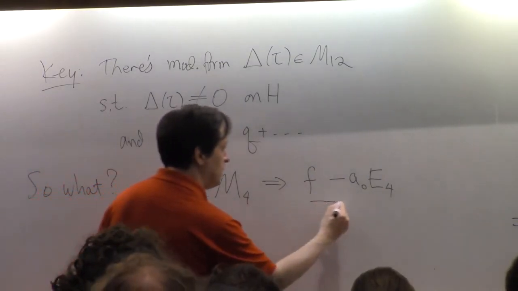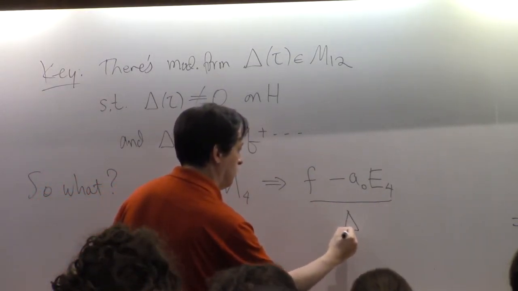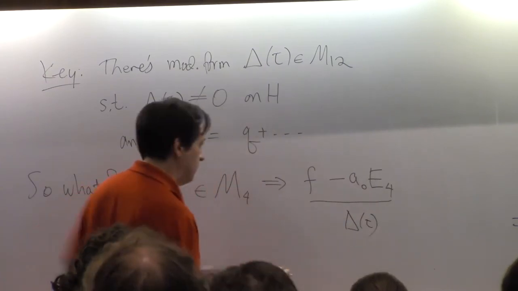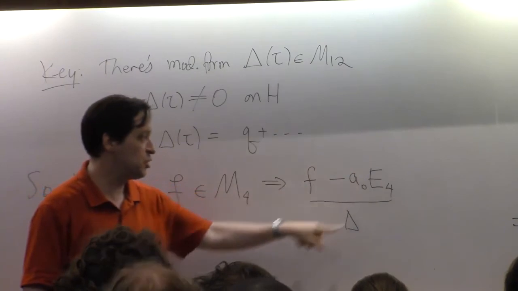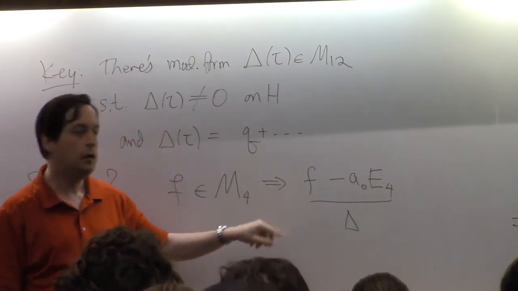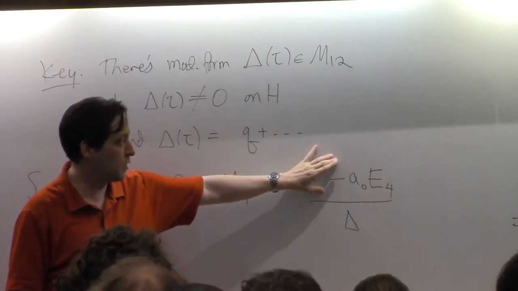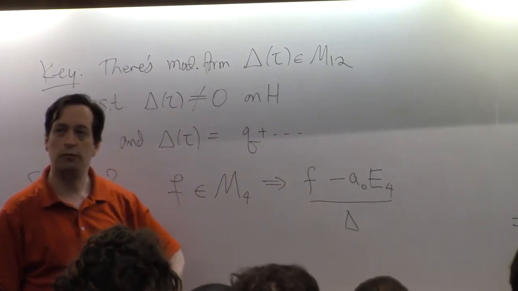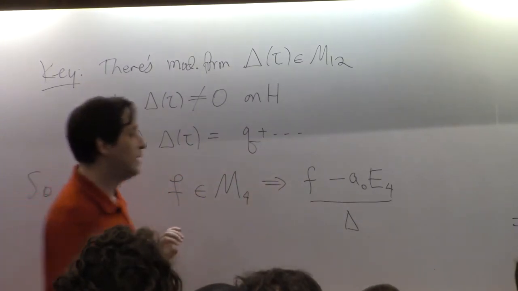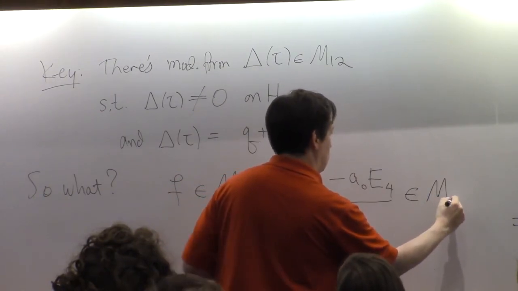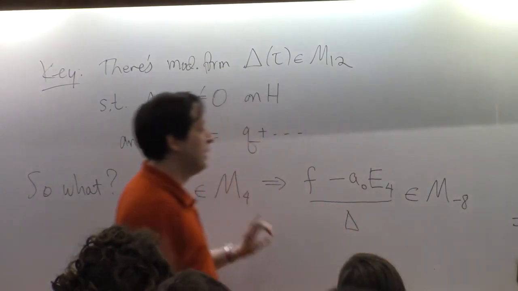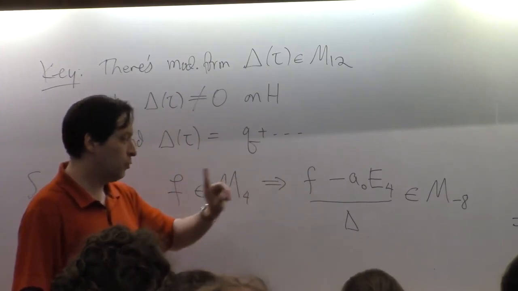Now, if you divide this by delta, because delta never vanishes on the upper half plane, this is still holomorphic on the upper half plane. This satisfies the transformation law for weight 4, and delta satisfies the transformation law for weight 12, so the ratio satisfies the transformation law for weight -8.